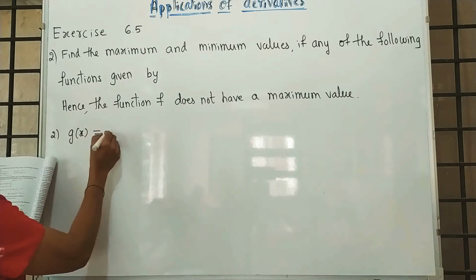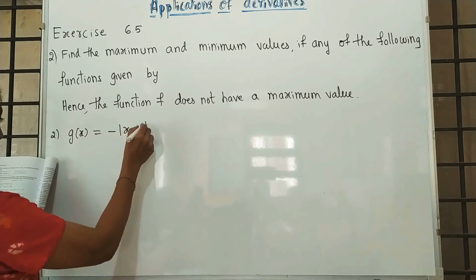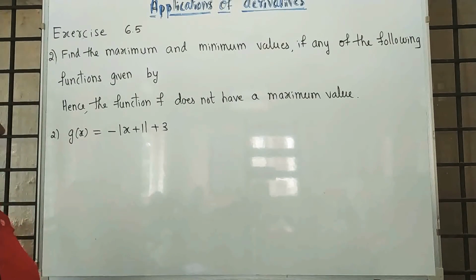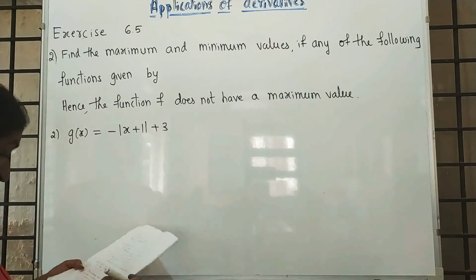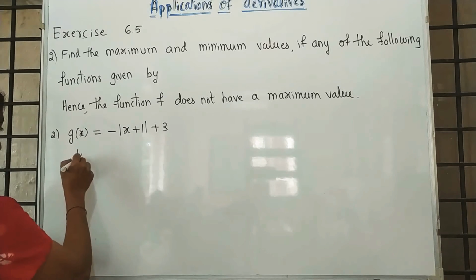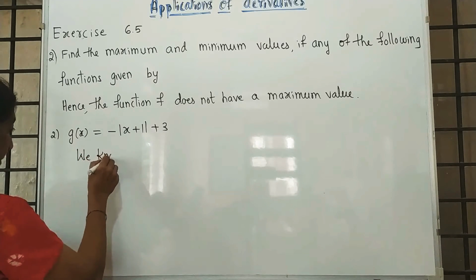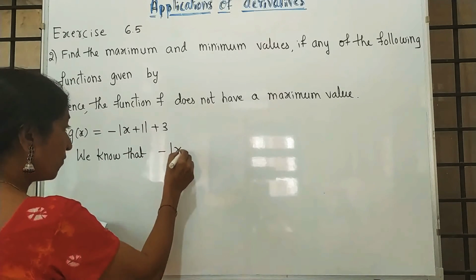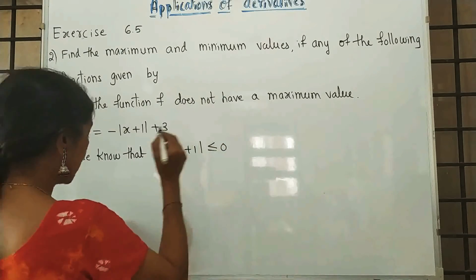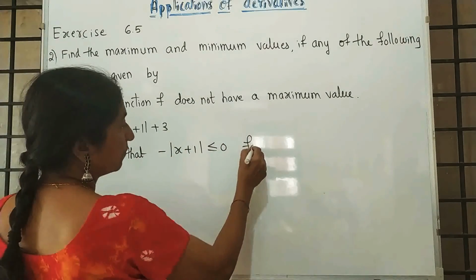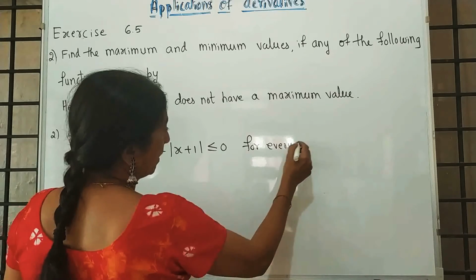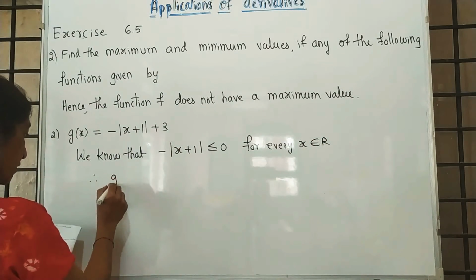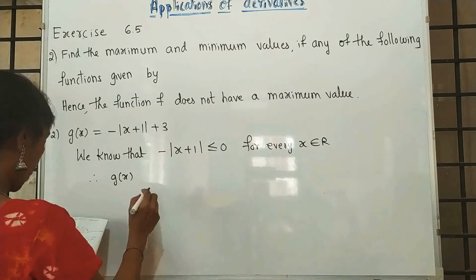g of x is equal to minus of mod x plus 1, plus 3. So minus of mod x plus 1, is it less than 0 or what? Yes. We know that minus of mod x plus 1 is less than or equal to 0 for every x belongs to R. Therefore, for g of x we require plus 3 on that side.